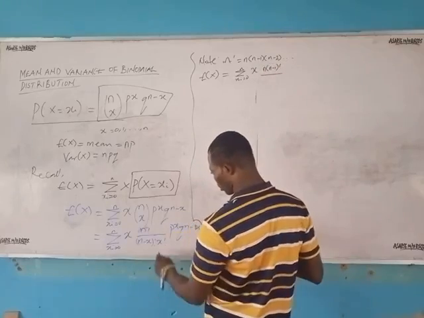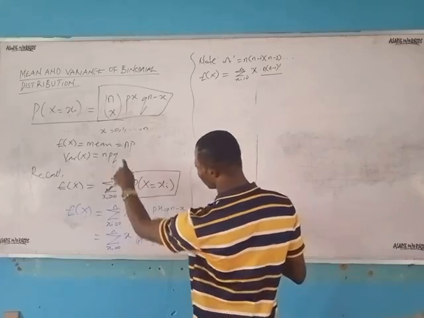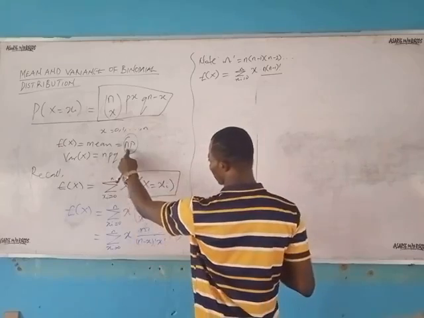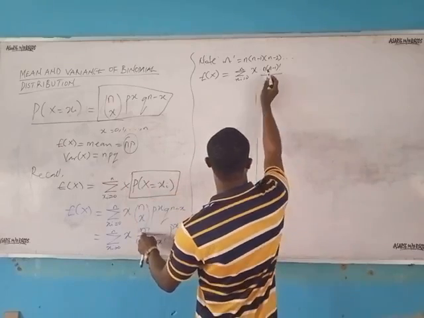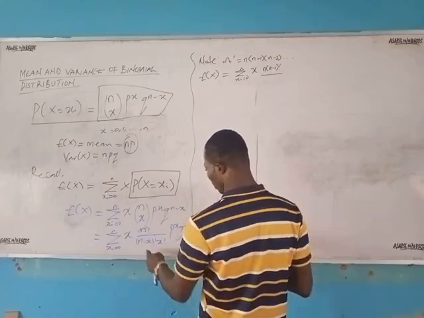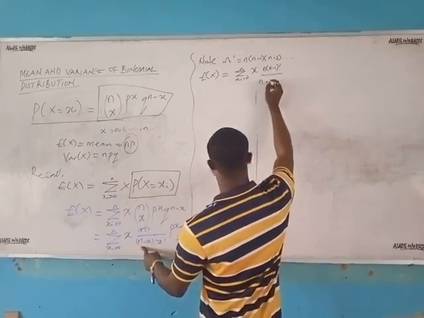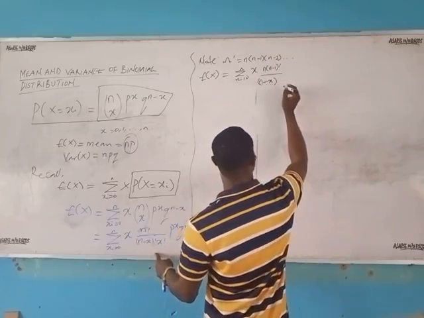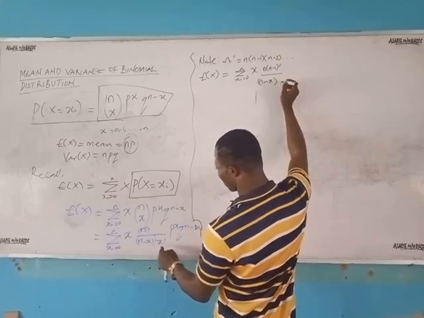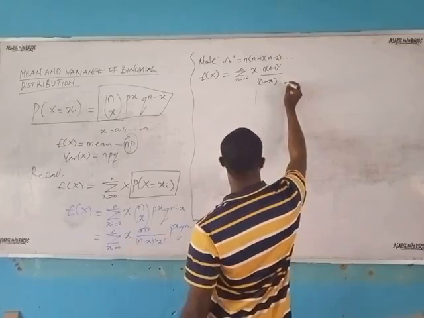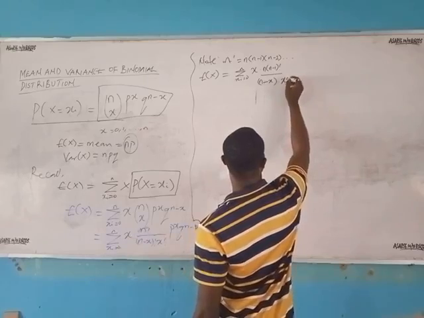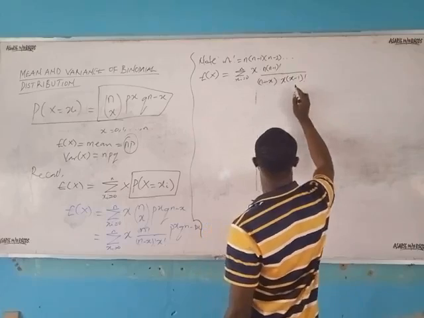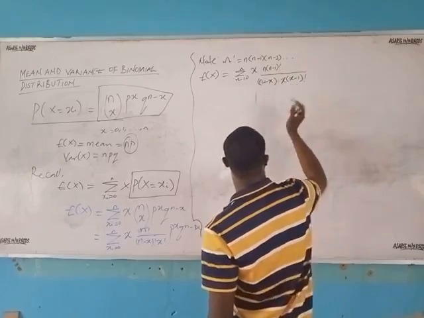Let's stop there because, according to the formula of mean, we need n. So here we are going to leave n minus x factorial. We have to express x factorial as x into x minus 1 factorial, in order to eliminate this x. We are going to stop there because this will take care of this.